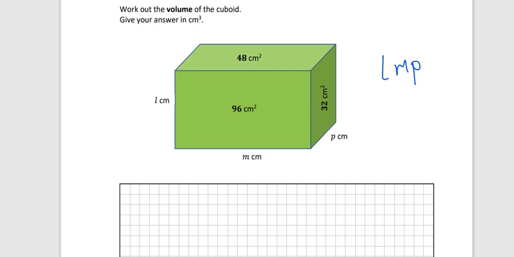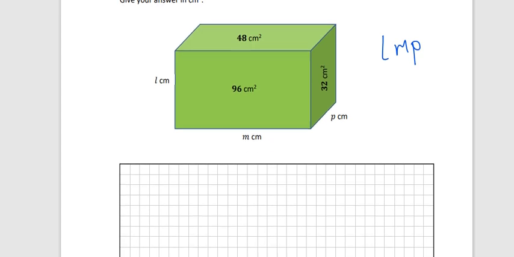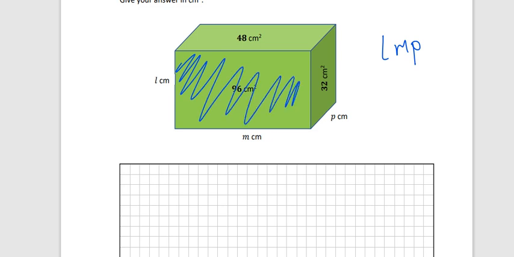Obviously we don't know what they are yet, but we do know that the area of the front face there is 96. That means that L multiplied by M has to be equal to 96. We also know that the top of it is 48, so using the same logic, M multiplied by P has to be equal to 48.